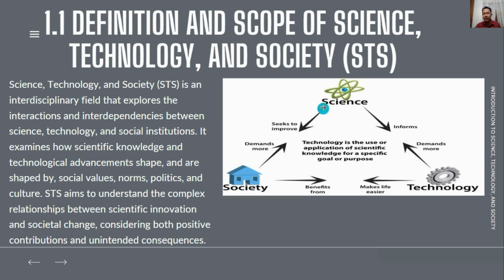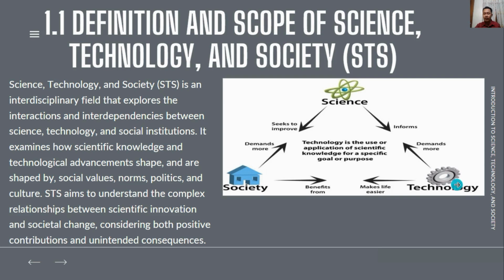So here in the diagram, technology is the use or application of scientific knowledge for a specific goal or purpose, which is for the society. Here, science gives information to the technology, and the technology returns and demands more.